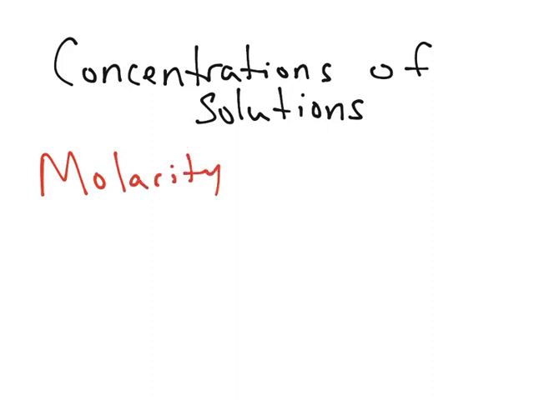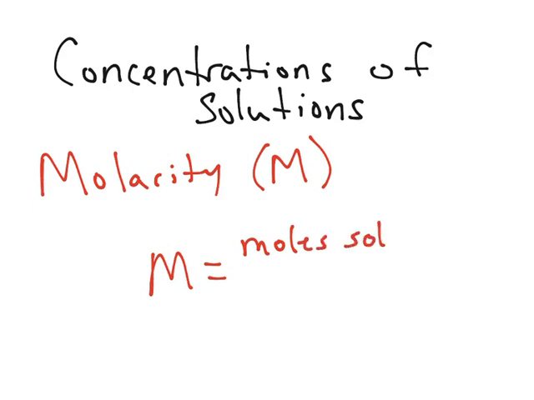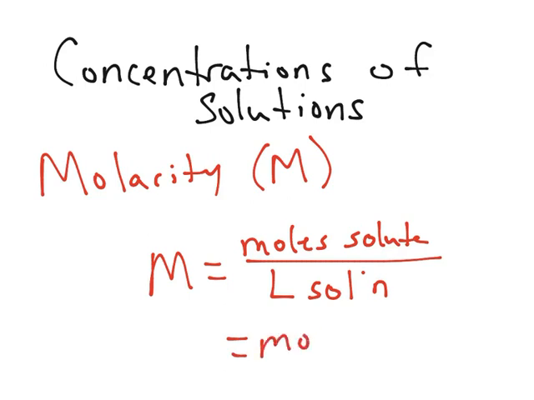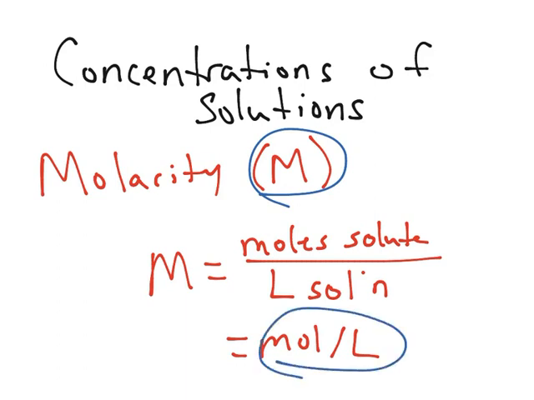Molarity is notated with a capital M, and molarity is equal to the number of moles of solute divided by the liters of total solution. So it's frequently thought of as simply moles per liter, and this capital M for molarity and moles per liter are interchangeable units.